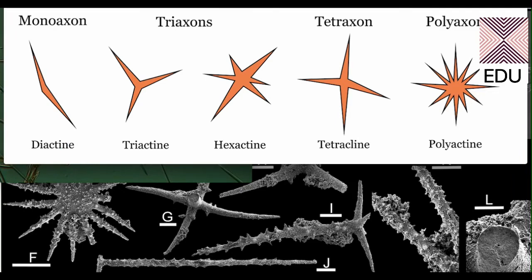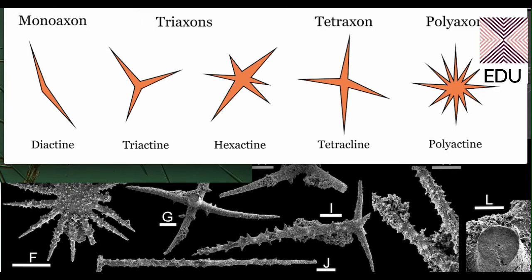If we go to the second type, it is a triaxon spicule. Triaxon means they have three axes, radiating out at equal angles from the center. This is a hexactine kind of spicule, which has 6 rays.